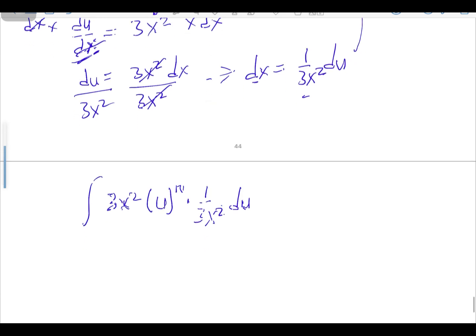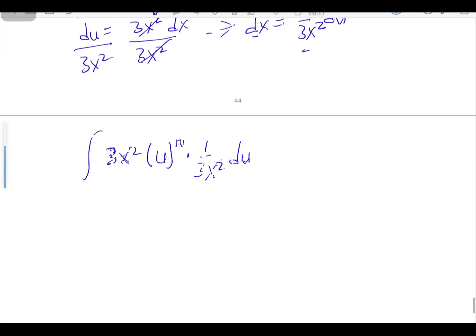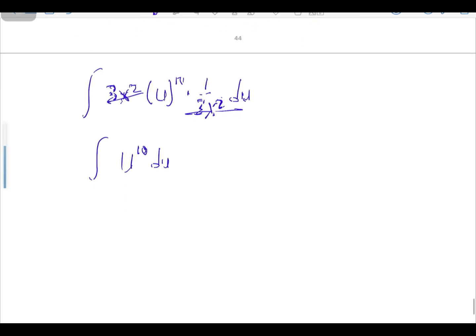Getting this, we know that this 3x squared and this 3x squared are the same, and therefore they can cancel each other. So at the end of the day, we are going to get the integral of u power 10 du. So now our question has been simplified to this.